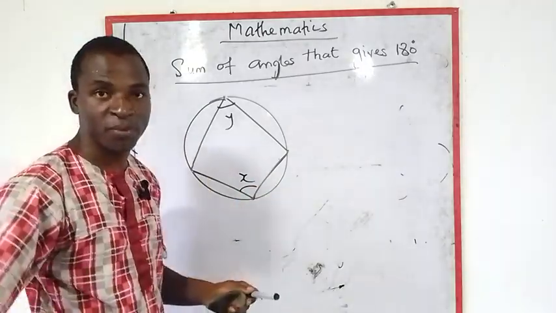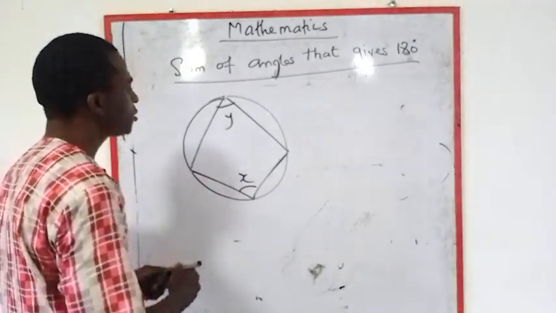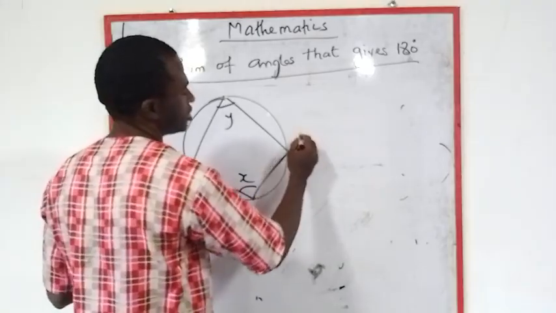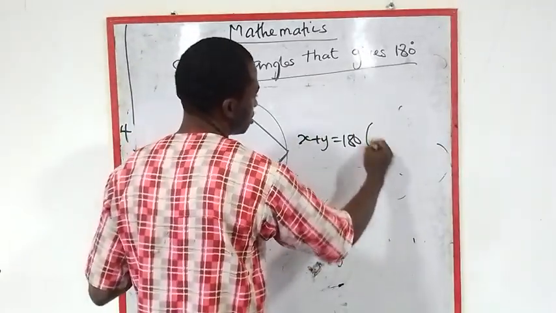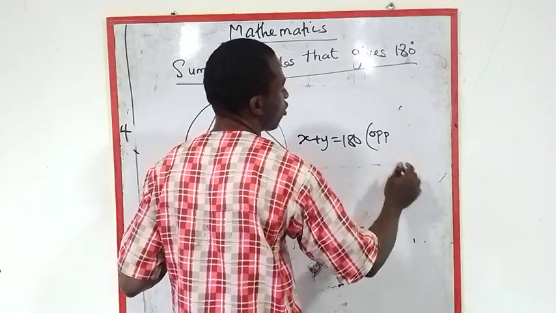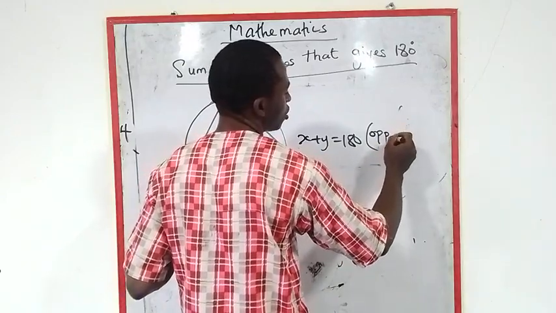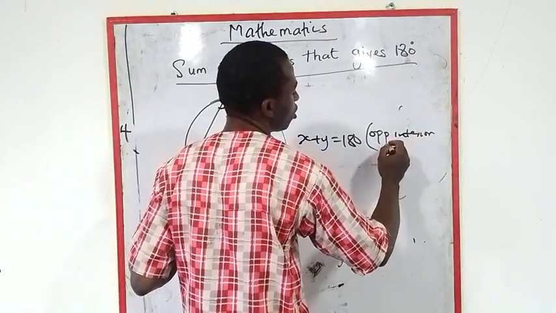I talked about circles in my previous video. If you don't know this part of circles, you can learn it from there. Now, what we are saying in essence here is that x plus y is equal to what? 180 degrees. The reason is opposite interior angles of the quadrilateral.